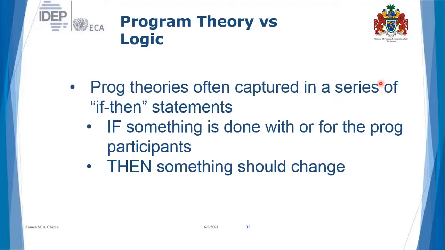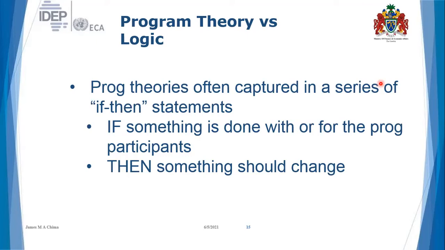Program theories often are captured in a series of if-then statements. That is, it connotes that if something is done with and for the program participants, then something should change among the participants.